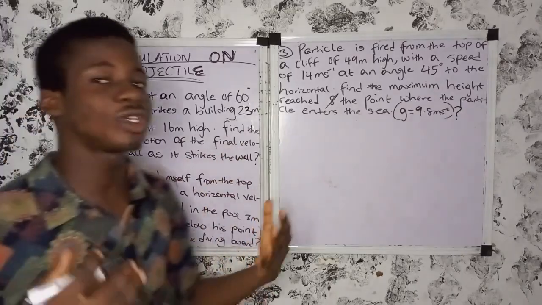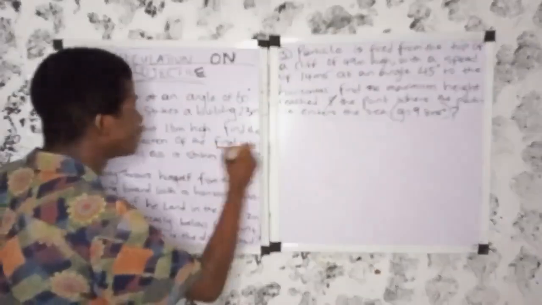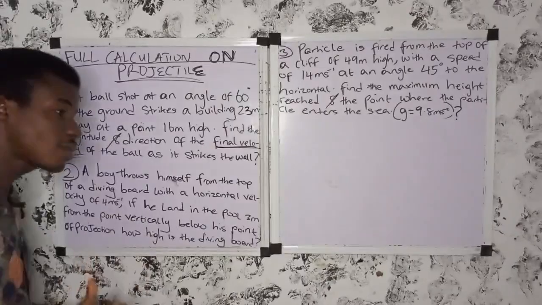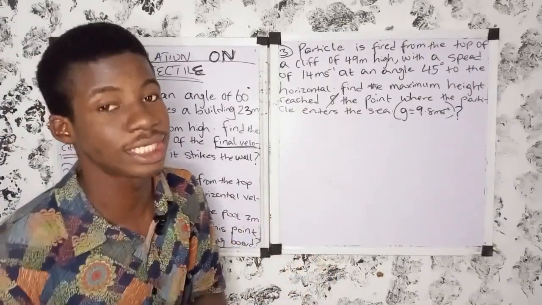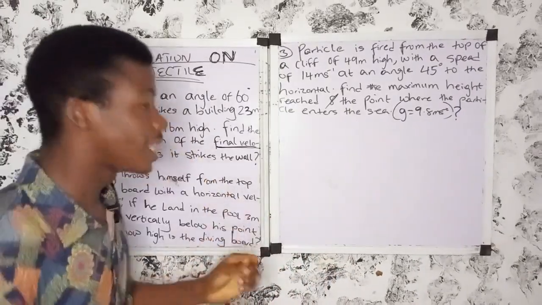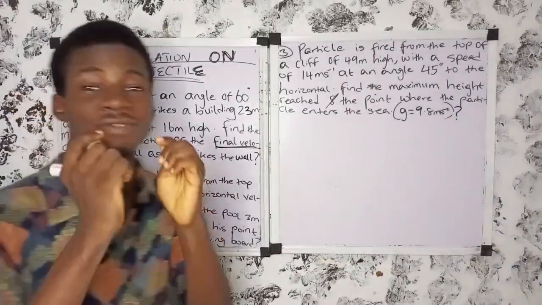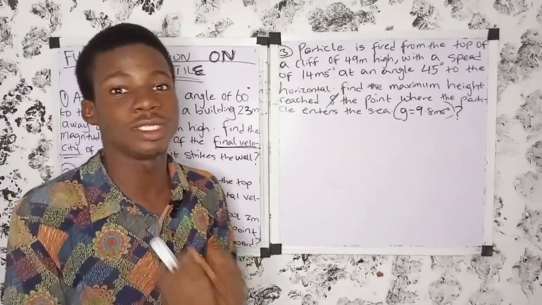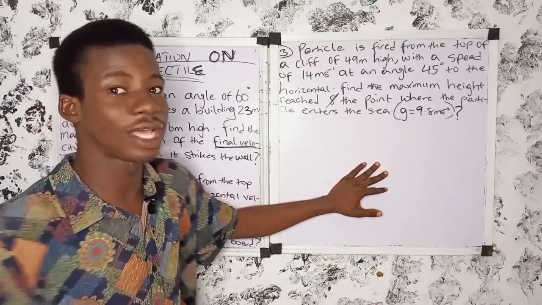Now in this question, what are they telling us to look for? They are telling us to look for the final velocity. Yes, they are telling us to look for the magnitude of the final velocity as well as the direction of the final velocity. Now, like I said in the previous class, the final velocity is different from the normal vertical velocity or the horizontal velocity.